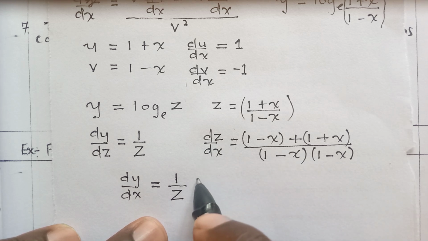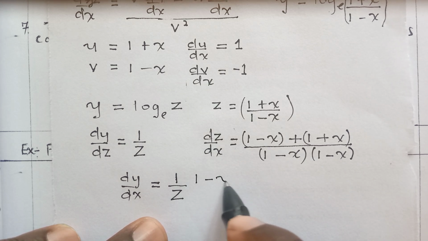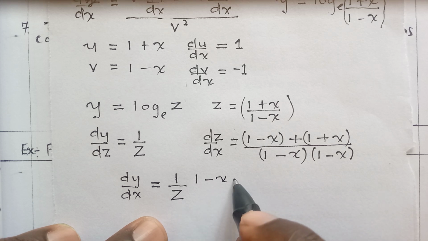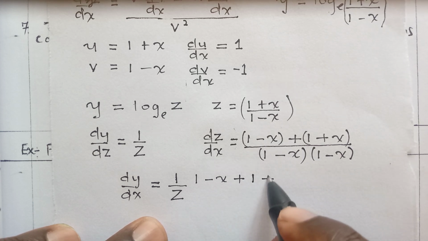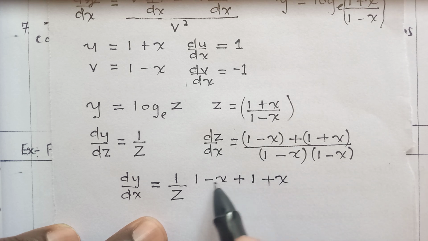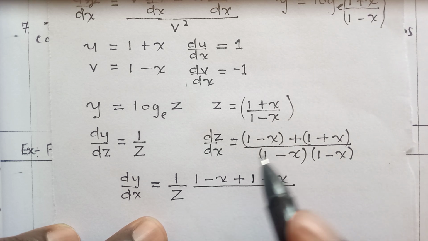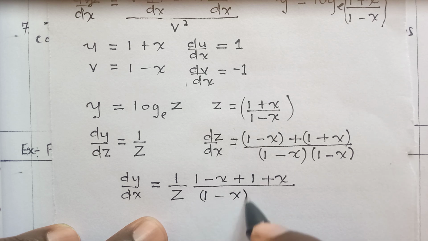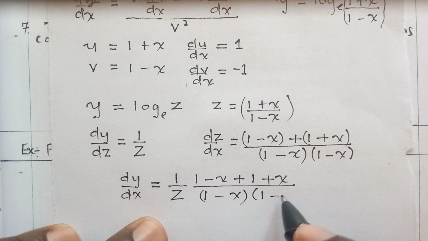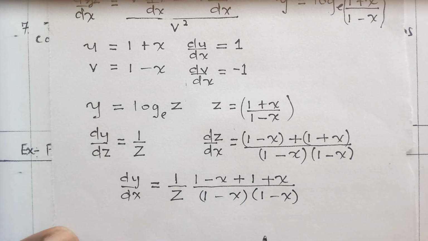So this one will be 1 minus x plus 1 plus x, like that, all over 1 minus x, 1 minus x, like that.